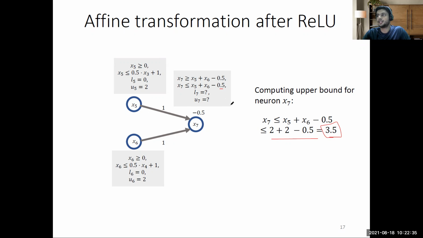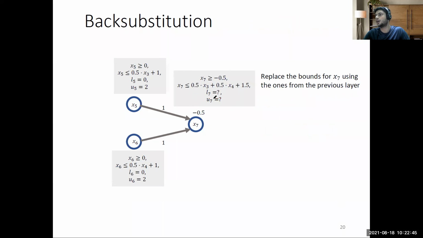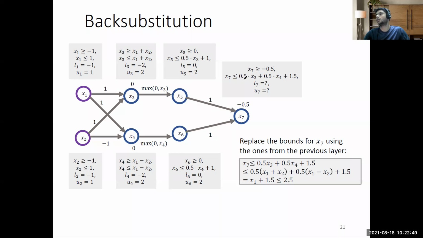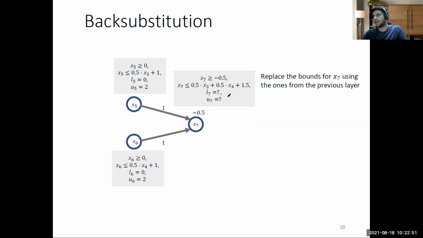And an interesting observation, and if you think about it, it's pretty intuitive also, is about back substitution. What we are trying to do here is that we have x7 equals x5 plus x6 minus 0.5.